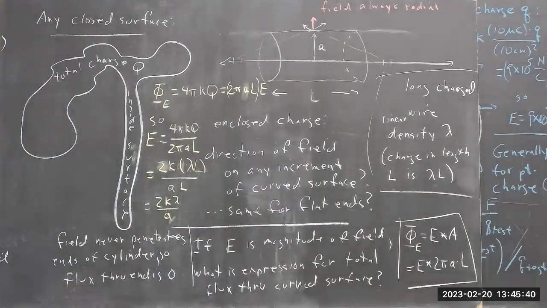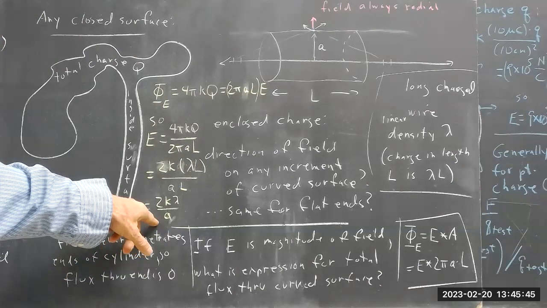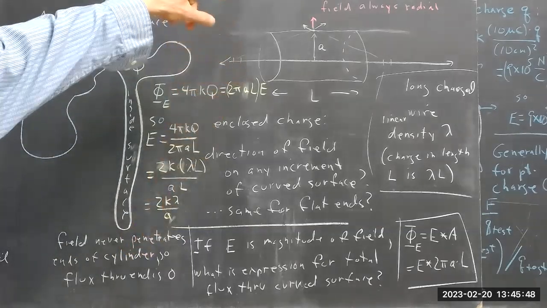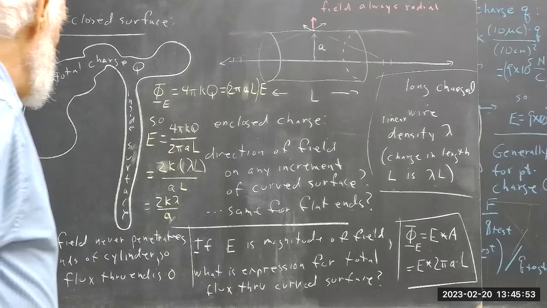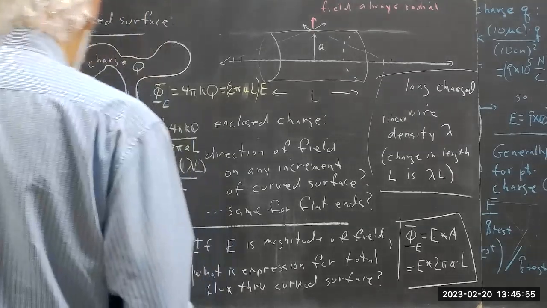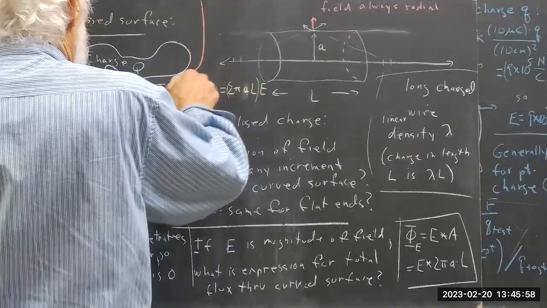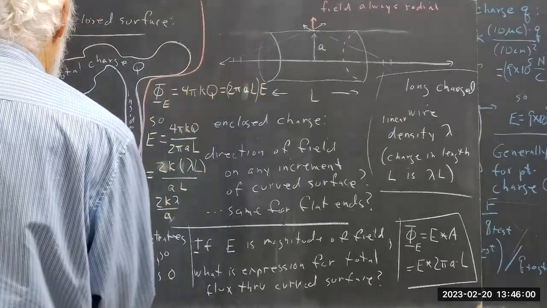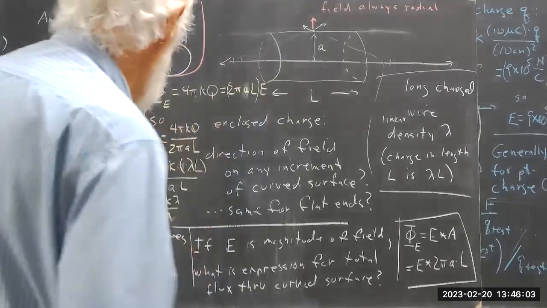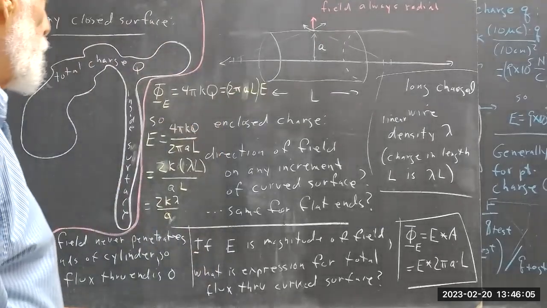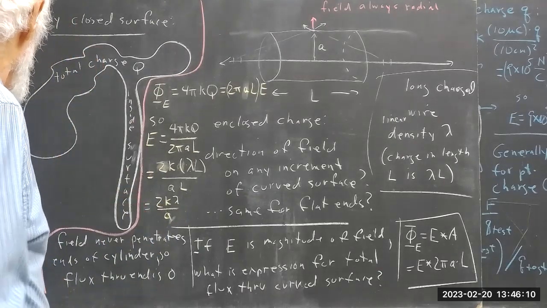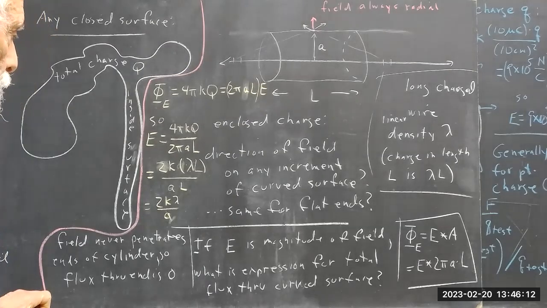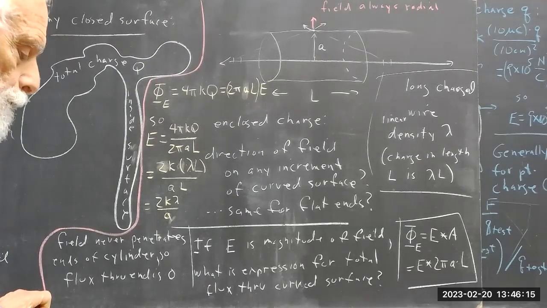Now 2K lambda over A. This means that it's inversely proportional to your distance from the charge. Okay, so it's an inverse first power.